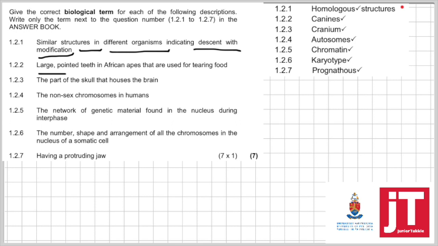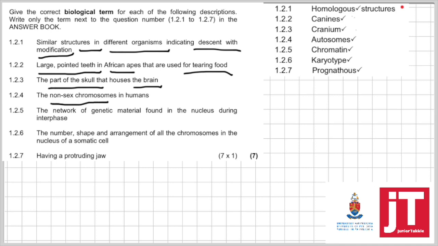1.2.2. Large, pointed teeth in African apes used for tearing food. Now, the teeth in African apes used to tear food, that we know, is obviously canines. Right, 1.2.3. The part of the skull that houses the brain, that we know, cranium. 1.2.4.